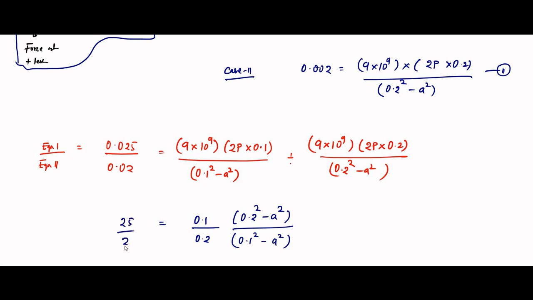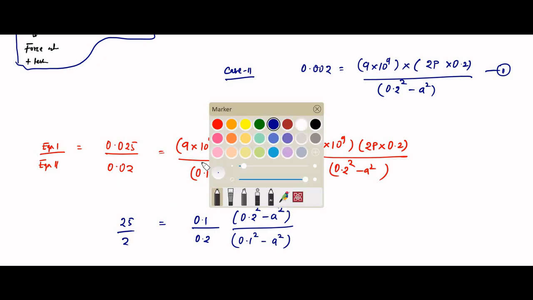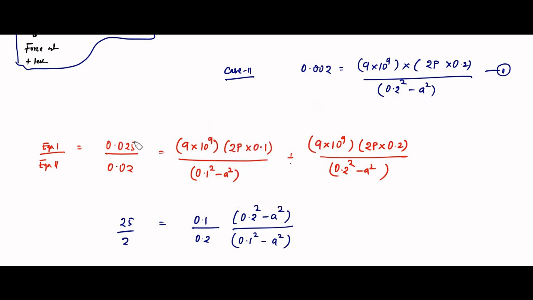How did we get it? We simply multiplied numerator and denominator by 1000 and got 25 by 2. Similarly, if we multiply both by 10, 0.1 by 0.2 will be equal to 1 by 2.